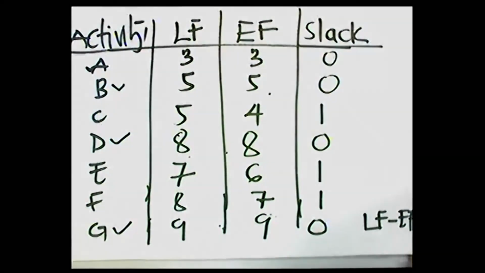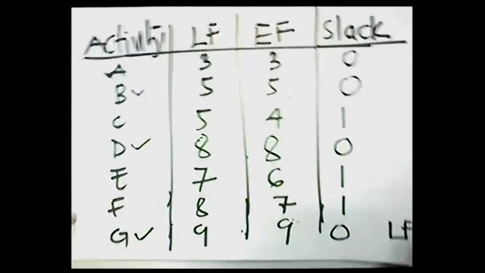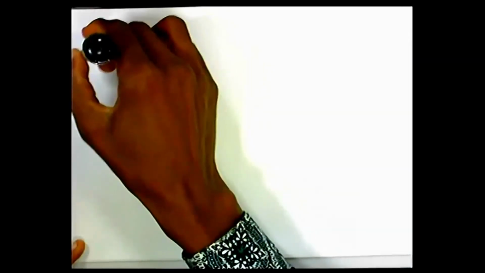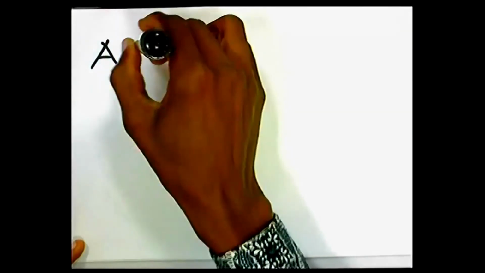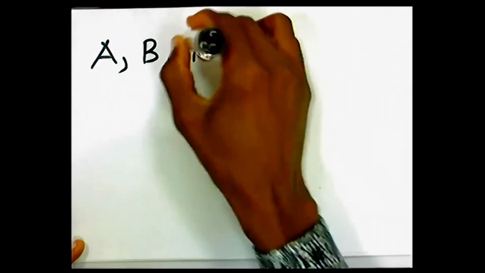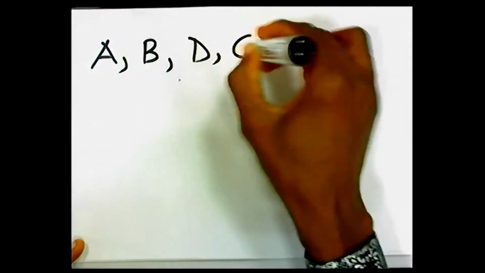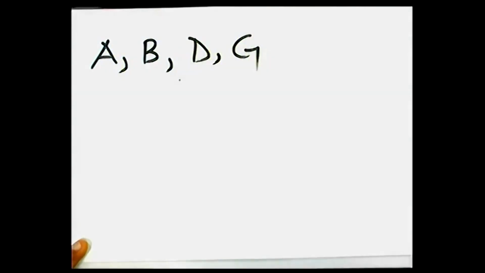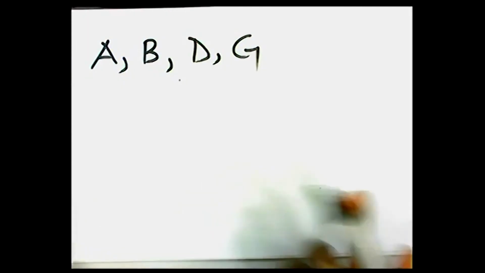So if we are to answer the question which says we should identify our critical activities, then our critical activities are going to be A, B, D, and G. These are our critical activities. So you know, it's that easy.